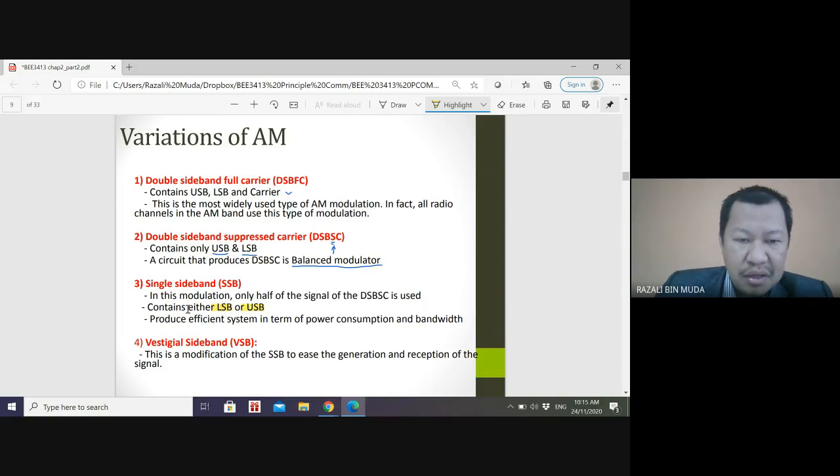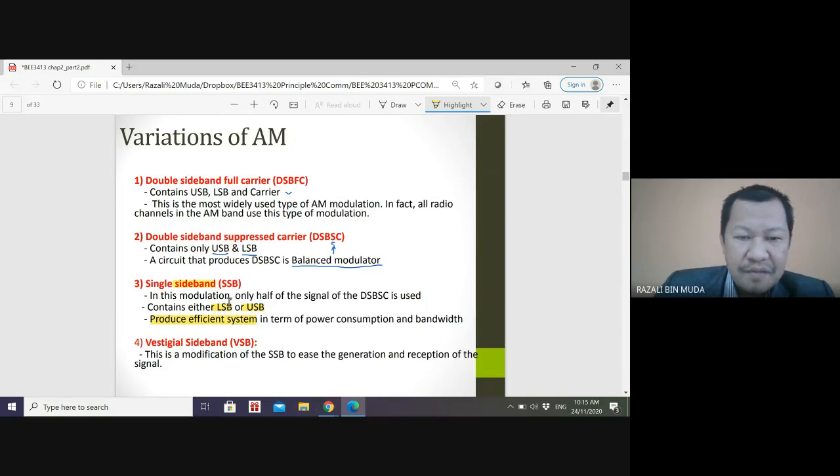This type of AM produces an efficient system in terms of power consumption and bandwidth. In terms of power consumption, single sideband is considered very efficient because you only send one part of the signal which has the information. Okay, no redundancy and no waste. And number 4 is the vestigial.